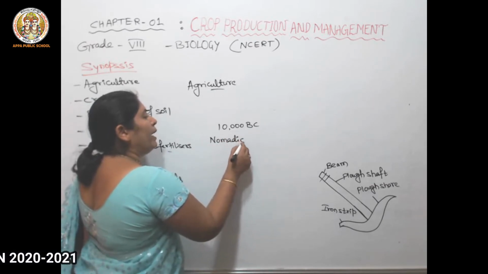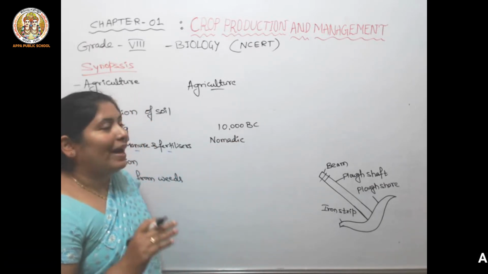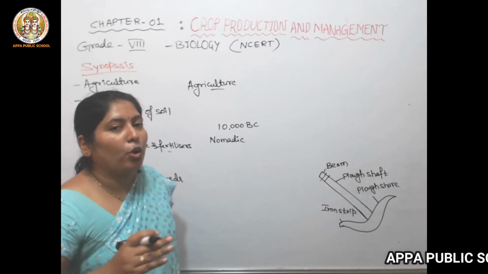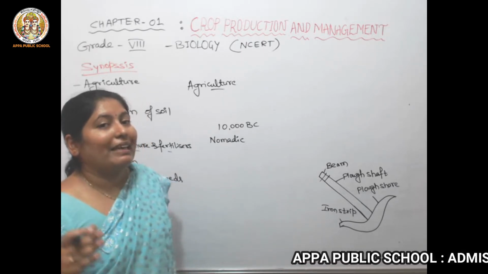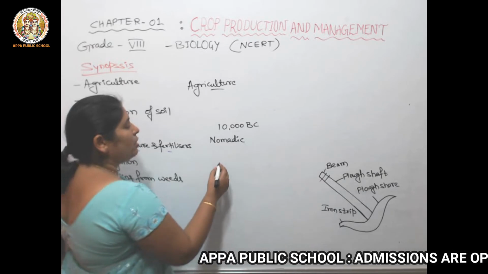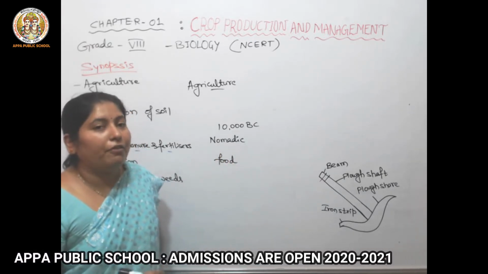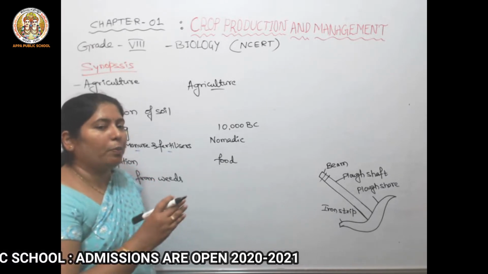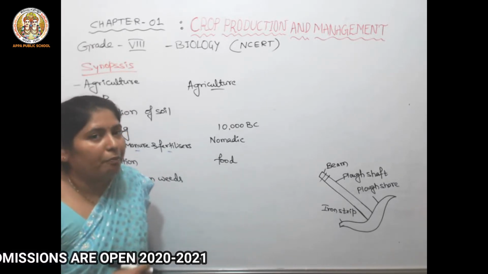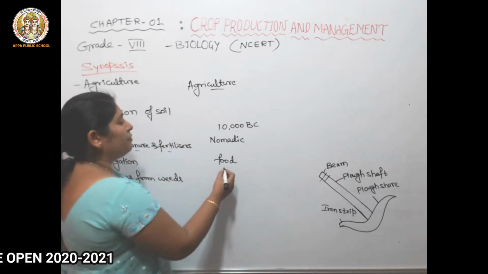Nomadic means wanderers. They would roam from place to place in a group in search of food.